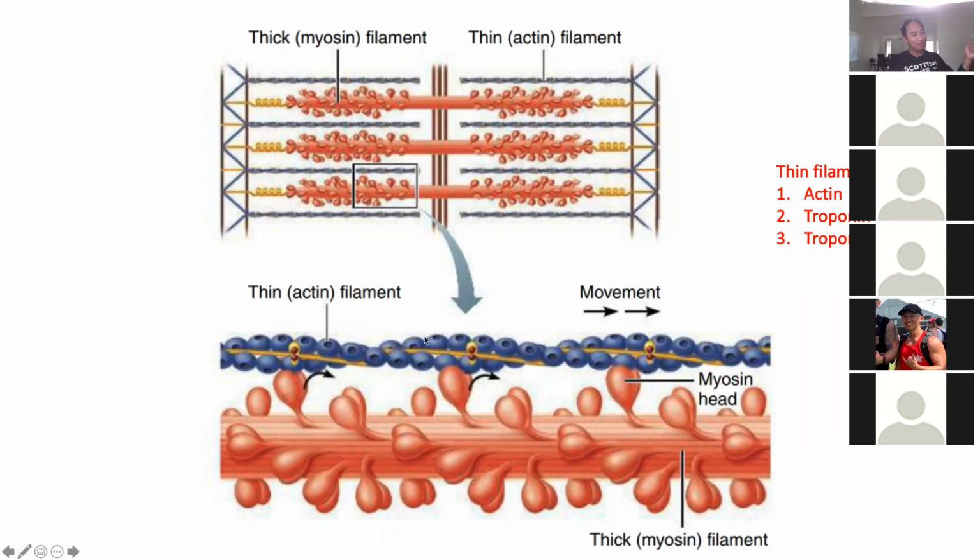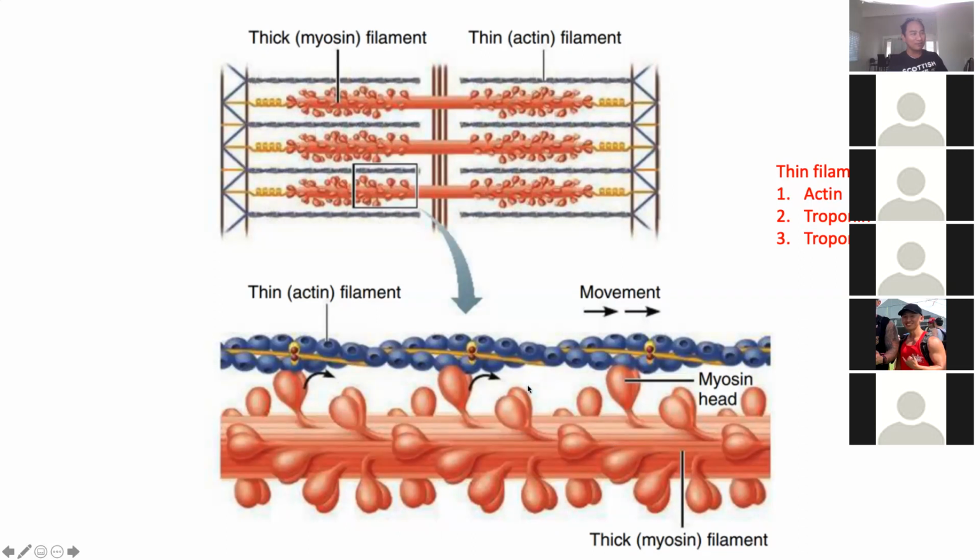If we look in a bit more detail between actin and myosin, this is the actin, the thin, small one, the blue color. And this is the thick, big myosin. You can see the little beads coming out from the myosin filament. That is what we call myosin heads.